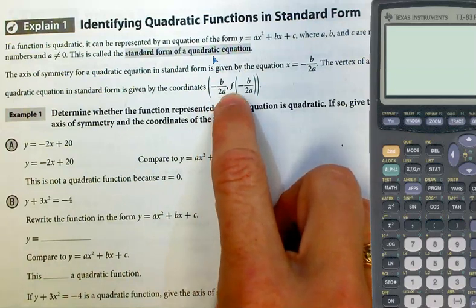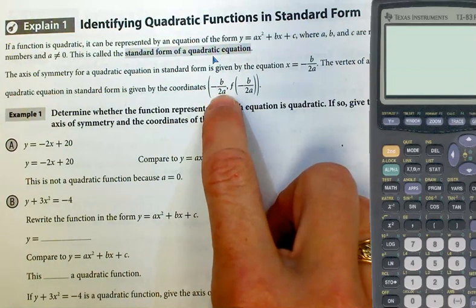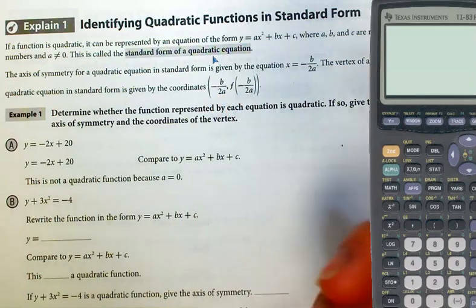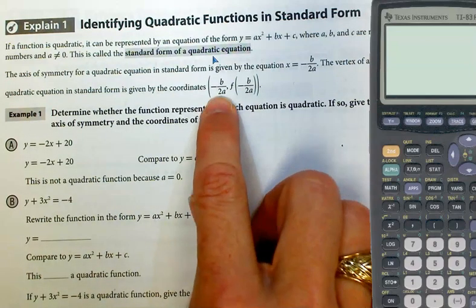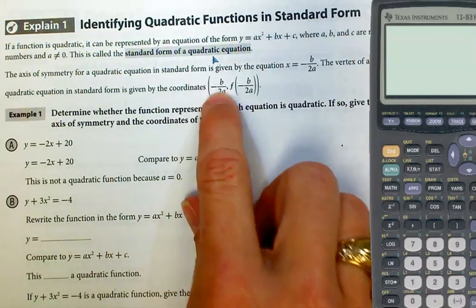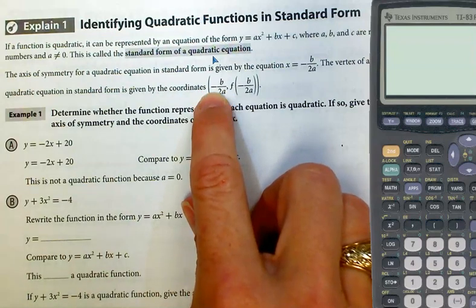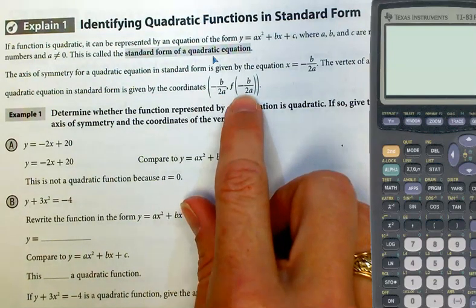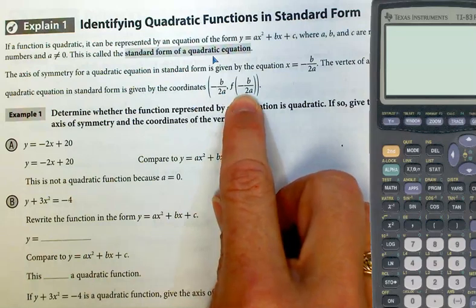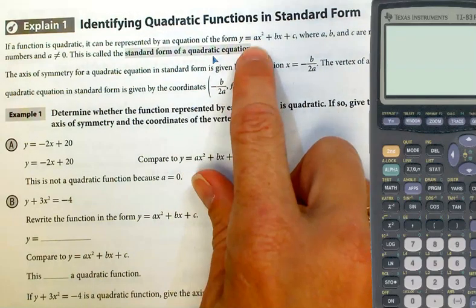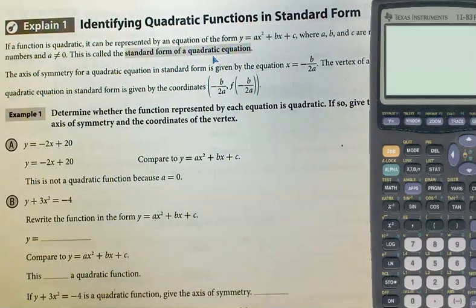So that's why they wrote x comma f of x, but remember f of x is y. So you would find your x value by doing negative b over 2a, and then you would put negative b over 2a into the equation for x and generate your y value. Okay, so you can find both the axis of symmetry and the vertex even if it's in standard form.